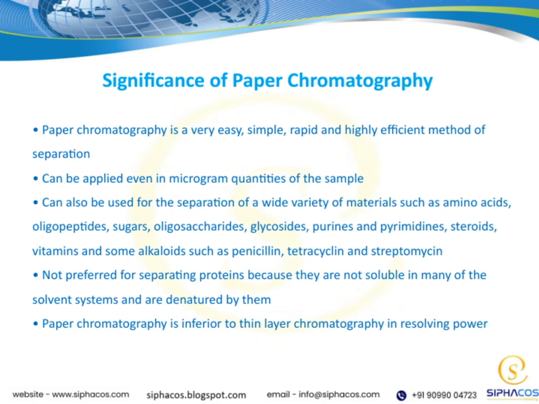So, in terms of resolving power, thin layer chromatography generally provides better separation. Overall, paper chromatography remains a valuable technique because of its simplicity and applicability, but it does have some limitations depending on what you're trying to separate.